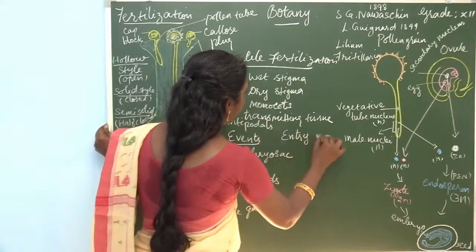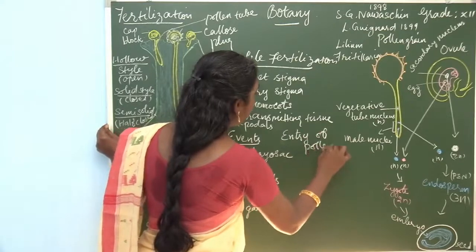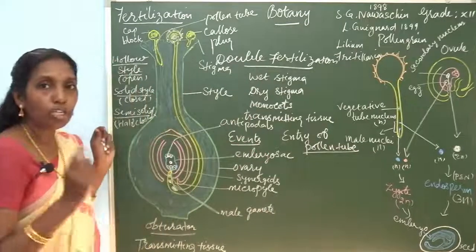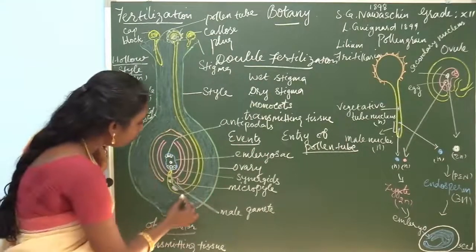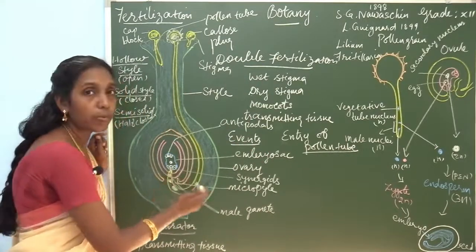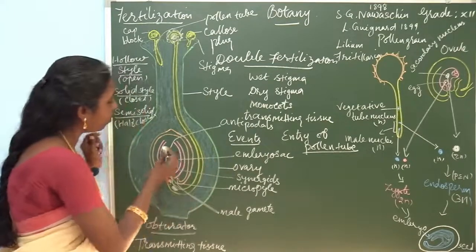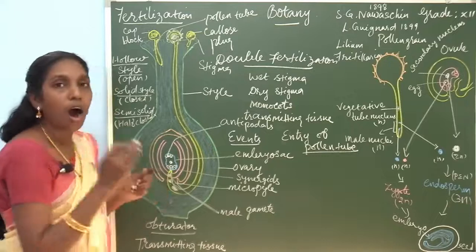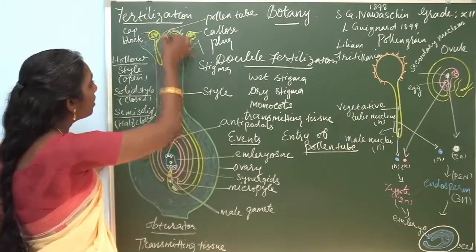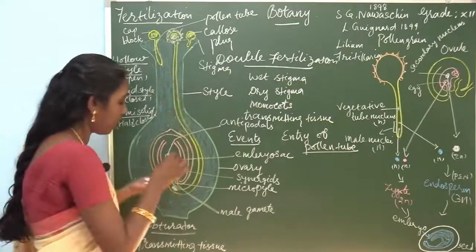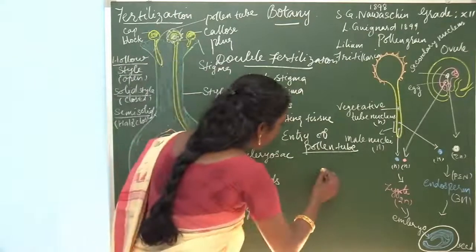The pollen tube either enters through the micropylar region, so it is micropylar entry, or it enters through the chalazal region, through the chalaza. So, look at the diagram here.